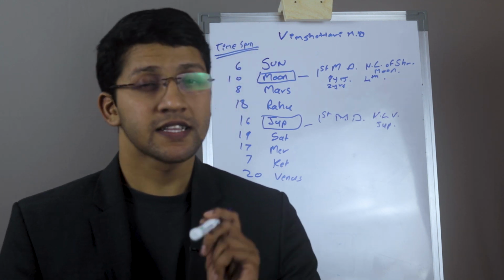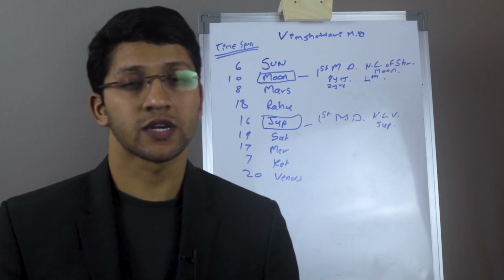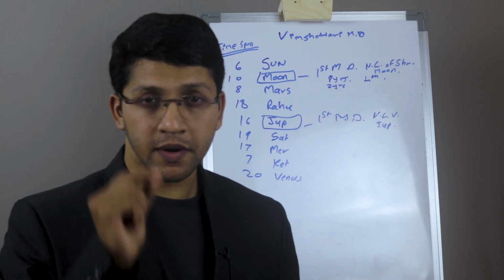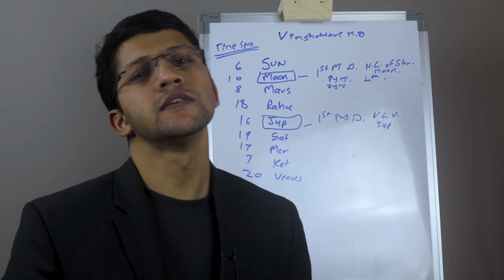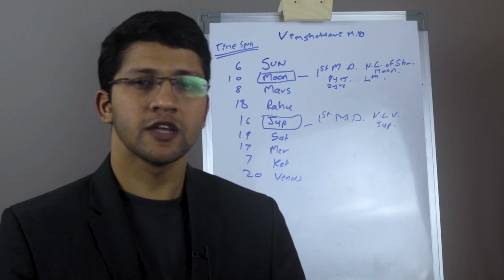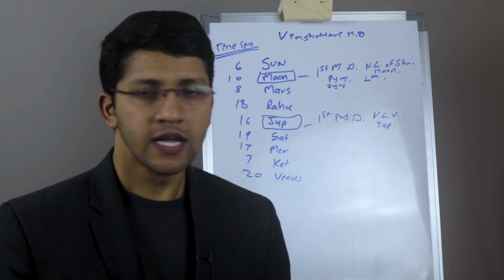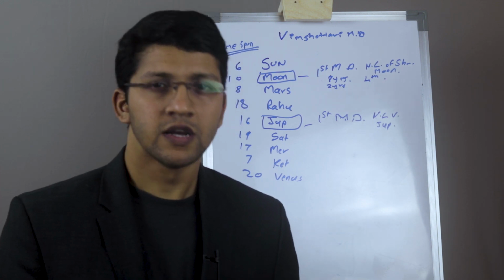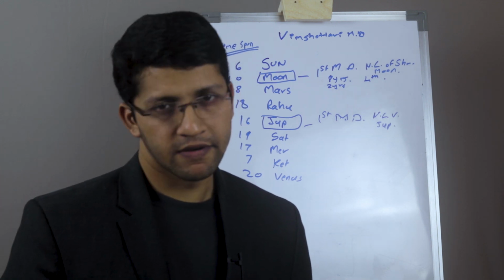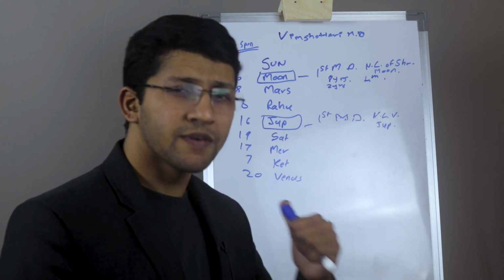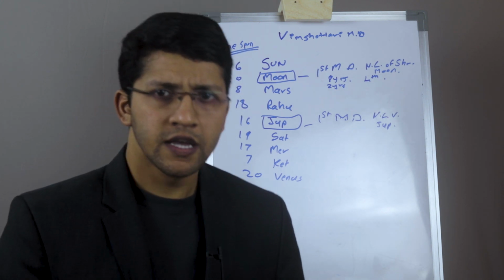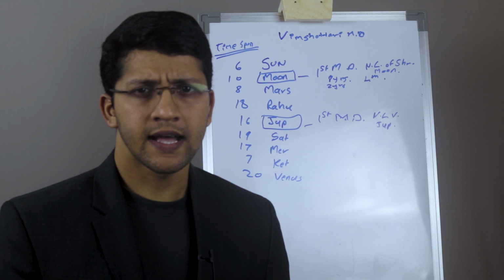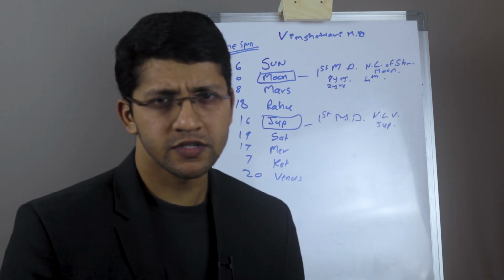But yes, Chara Dashas will give you the most accurate results when you are trying to pinpoint the happening of the event. Though the Chara Dashas are extremely useful to pinpoint the event, whereas vimshottari Mahadashas give you an overall idea of what's happening in that person's life.